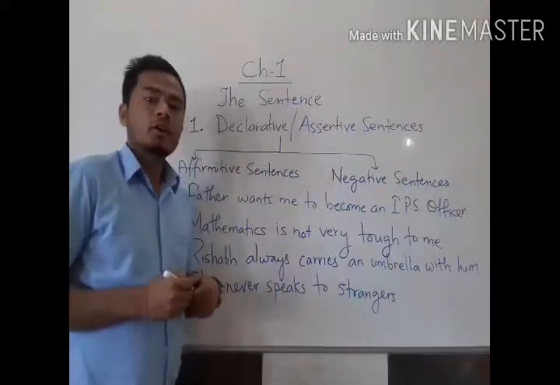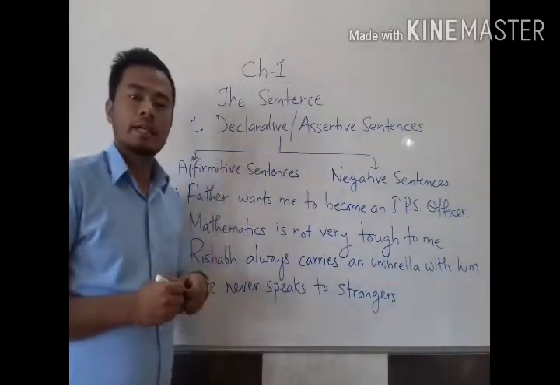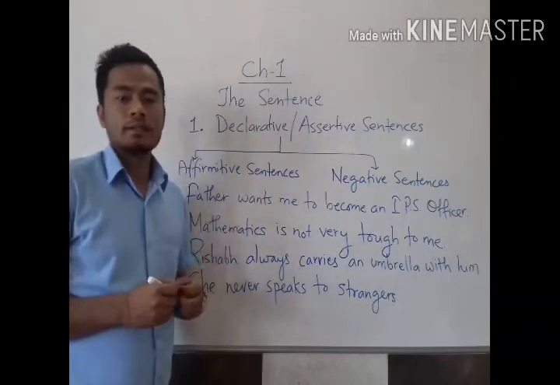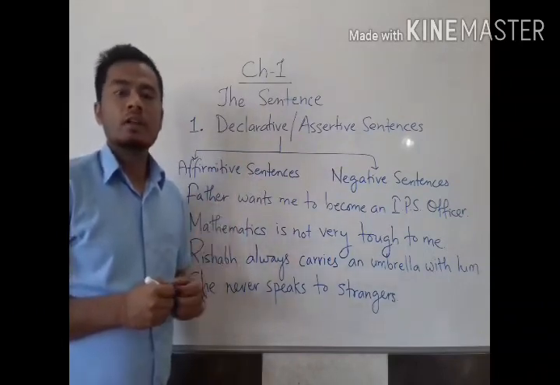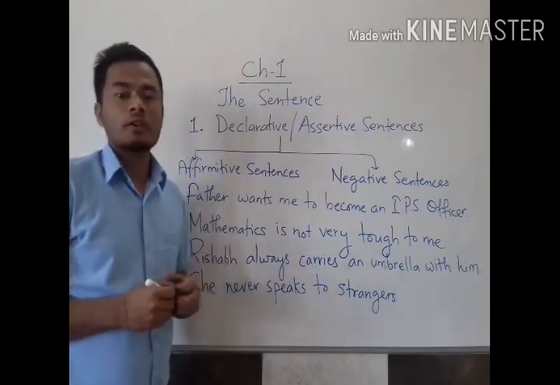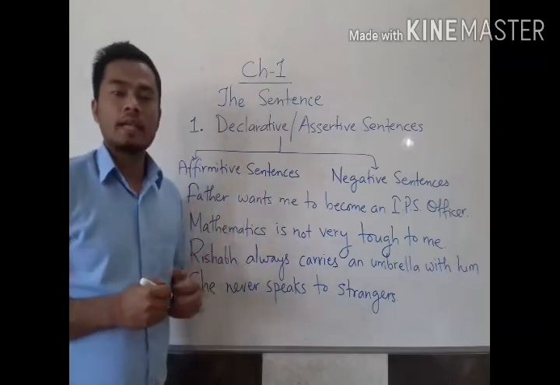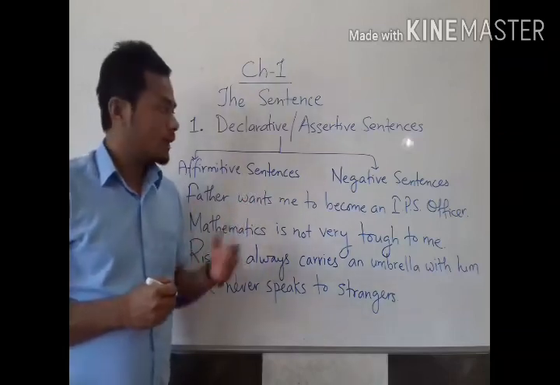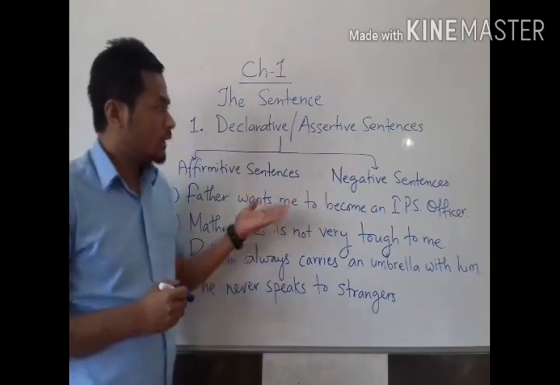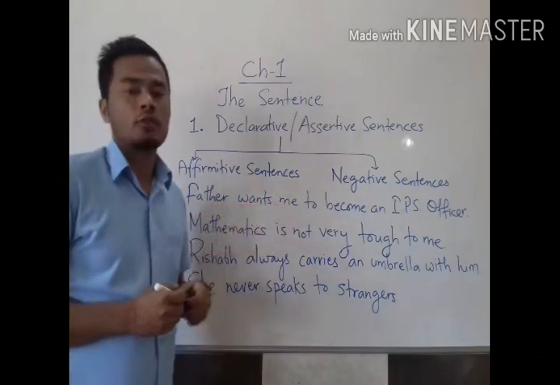At first, we will discuss assertive sentences or declarative sentences. These sentences express or deliver a message or information in a straight or direct manner. These sentences always end with a full stop. Here I have written some examples on the board, like: Father wants me to become an IPS officer.